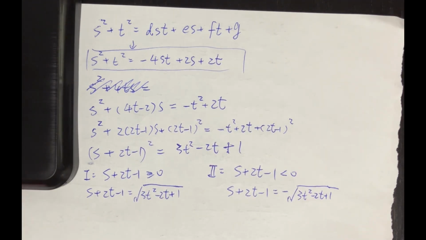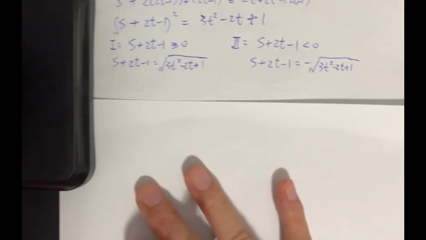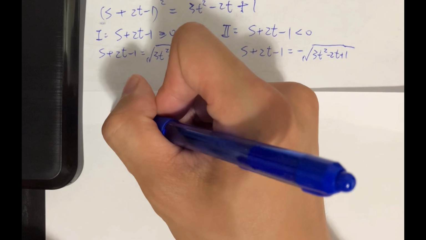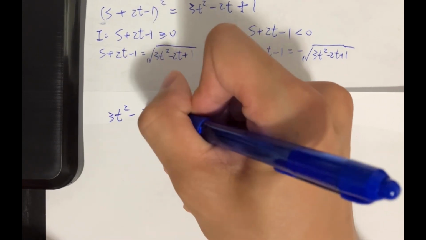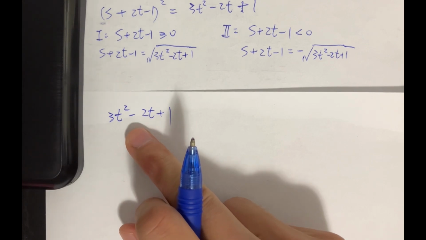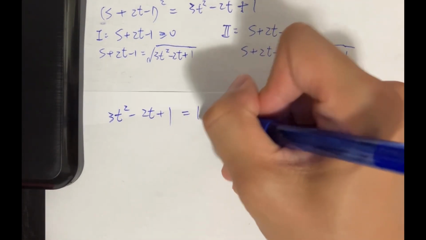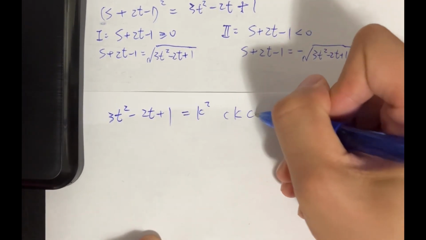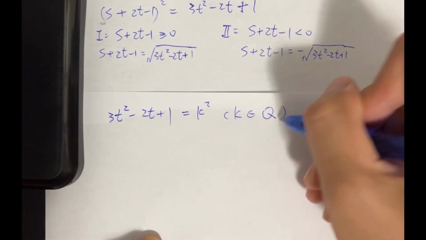Okay, now let's give a closer look at the bunch of stuff under the square root sign. This is the thing, and this has to be k squared, where k is a rational number.